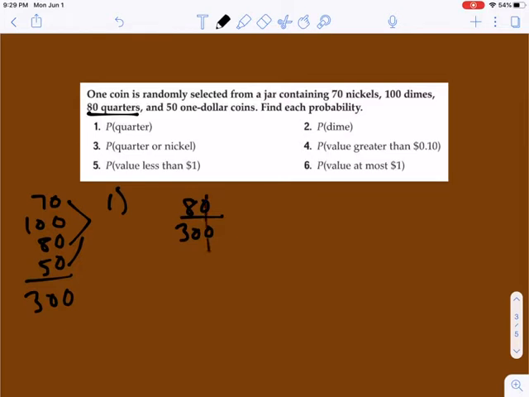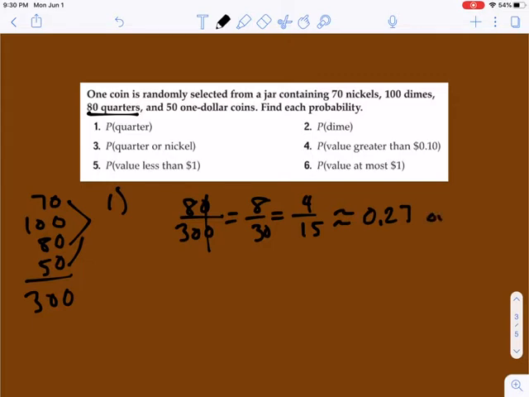Then you would get rid of some zeros, and you get 8 over 30, and then we can simplify that by dividing both by 2, and you get a 4/15 probability. The other way you can write this is to take a calculator and go 4 divided by 15, which I'm doing right now. And that is approximately equal to 0.27, because it's 26 repeating.